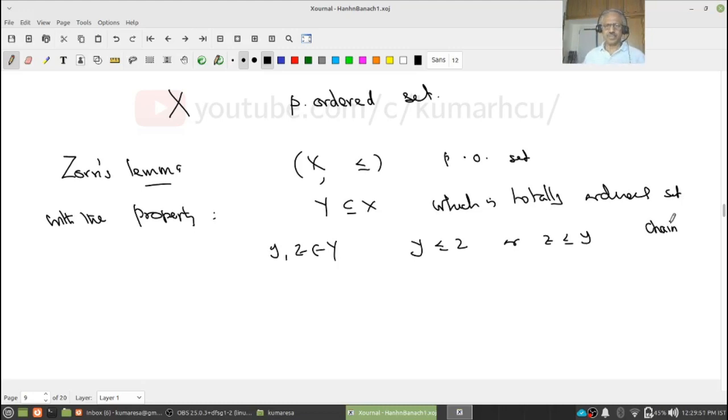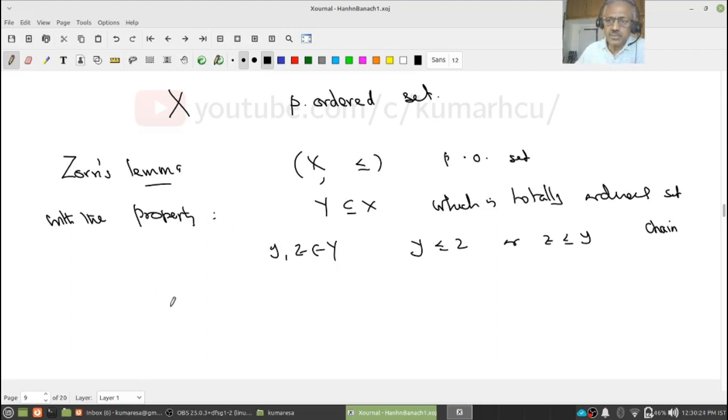Various kinds of words, whichever is familiar to you, accept it. The crucial thing is the concept. The concept is, in a partially ordered set, if you give me two arbitrary elements, I may not be able to compare. I may not be able to say x is less than or equal to y or y is less than or equal to x. Like, if I give two subsets of a given set, it is not necessary that the set A must be a subset of B or B must be a subset of A. I may not be sure. Now I have to be sure. Whereas here it is a totally ordered set.